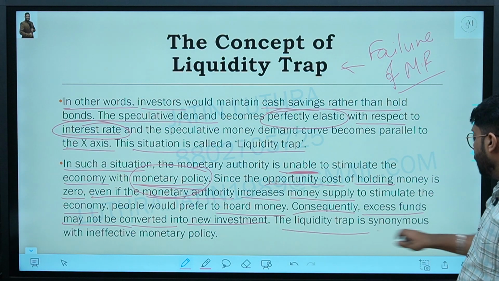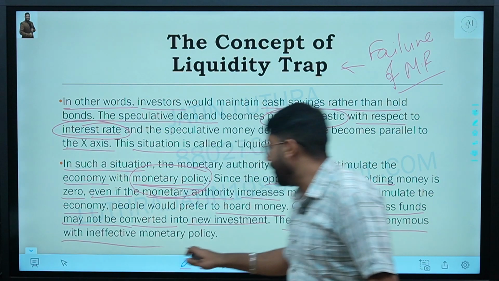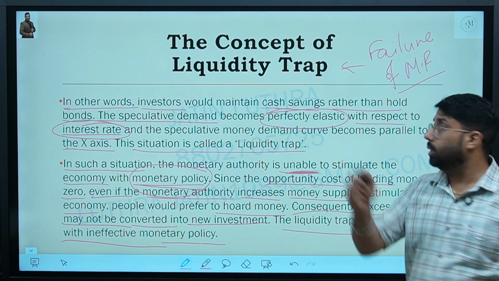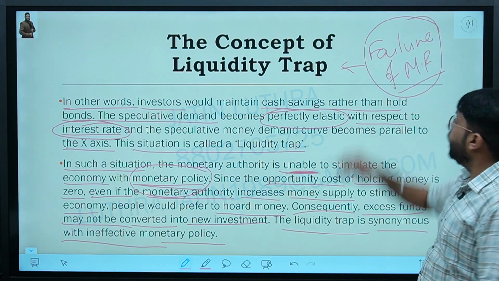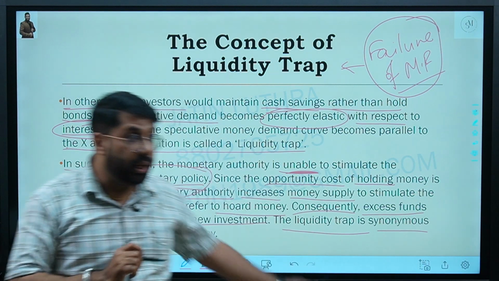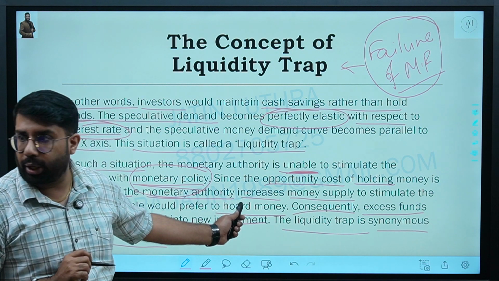The liquidity trap is synonymous with ineffective monetary policy. So the liquidity trap is a result of what? It is a result of the failure of monetary policy. That is the reason. Now you see what would be the maximum effect of monetary policy.